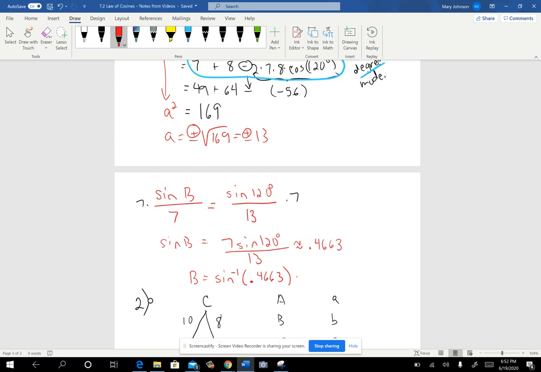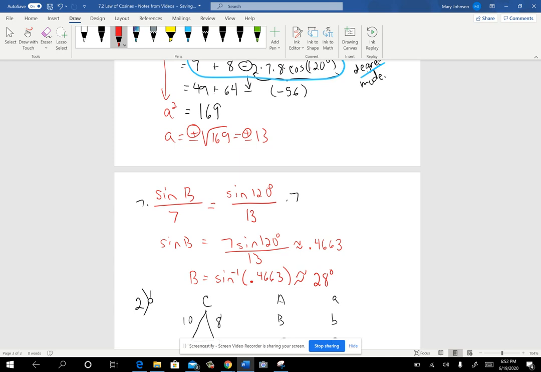And what I get back is about 27.794, and it keeps going. And on that problem, they wanted us to round the angles to the nearest degree. So 27.79, 27.8. If I rounded to the nearest degree, that would be about 28 degrees.